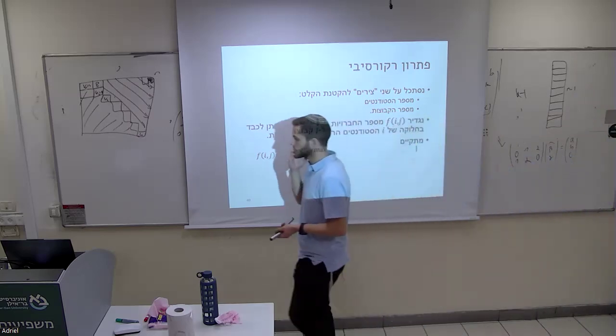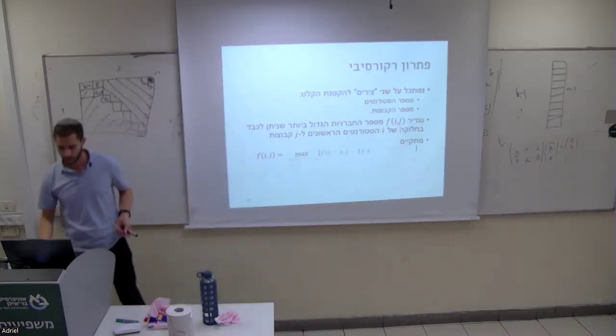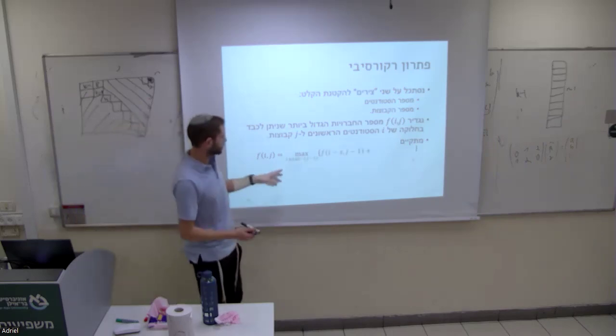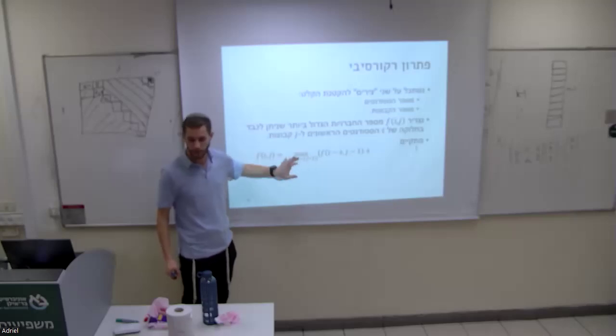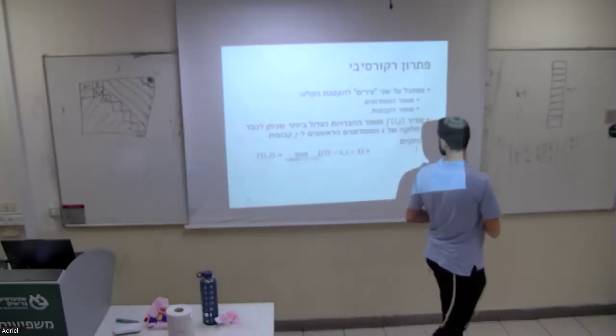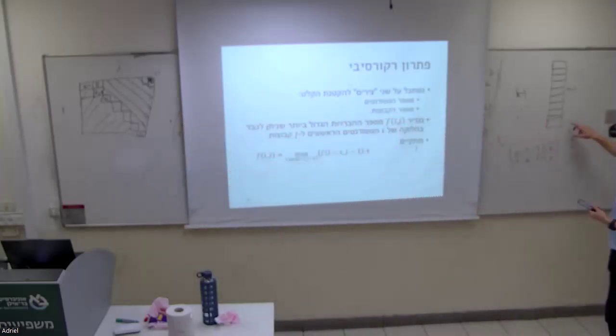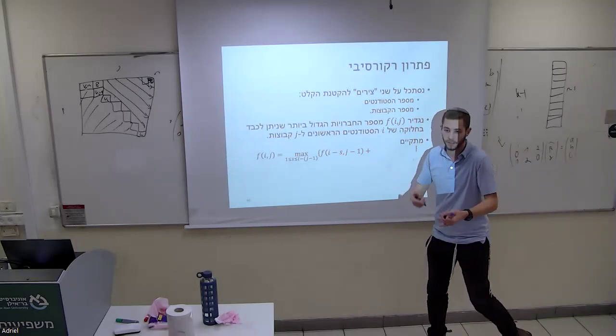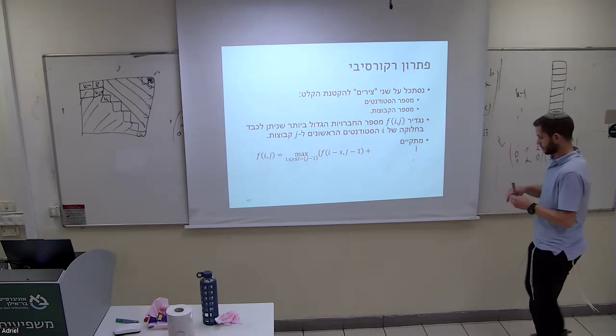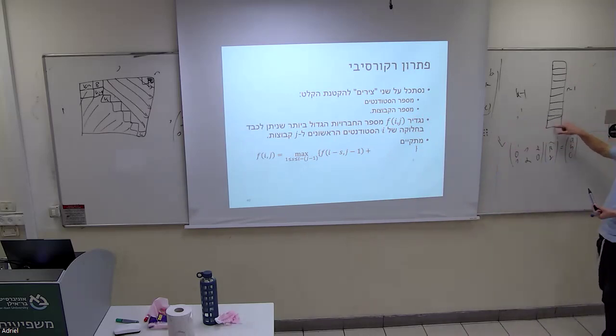What we're going to do is take the maximum over s between 1 and i minus j minus 1. What does this mean? What is s? s is anywhere between 1 and i minus j minus 1, because we're going to recursively call with i minus s. So s is the number of students we're going to put in this new class. Before, we talked about only adding 1.